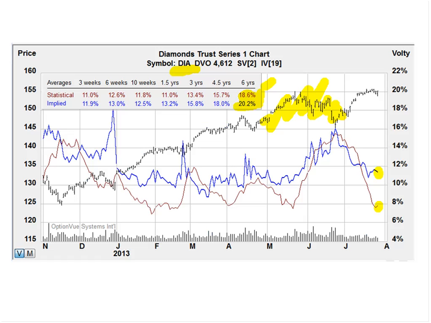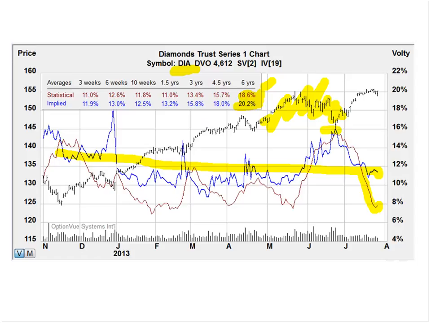One thing we like to look at is the trendiness of statistical volatility. Yes, implied is low. It has been lower than this. We know it can certainly go lower. It's been higher than this in the last year.